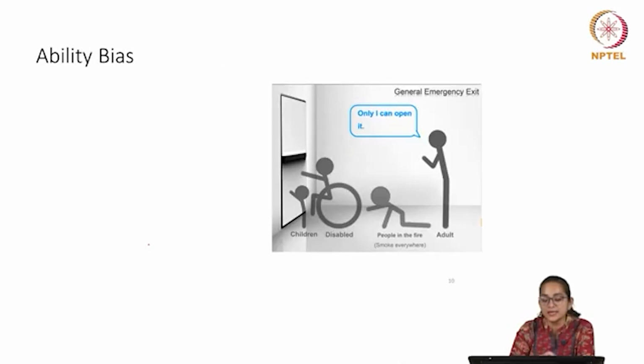As we saw, this handlebar placed at a certain height is assuming that my users are of a certain height, plus they are able to stand erect, which may not be the case in case of a fire, or if people with disability try to open the gate, or if children who are lower in height try to open the gate.